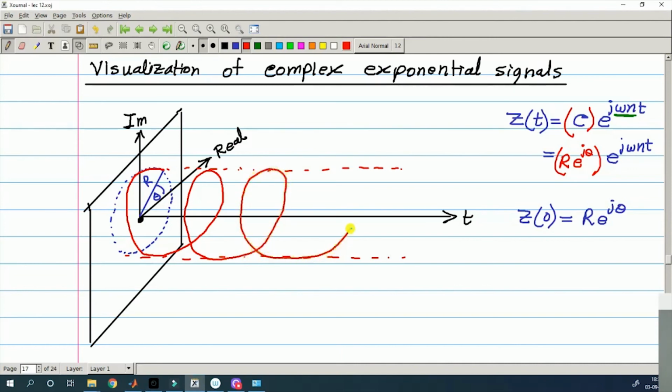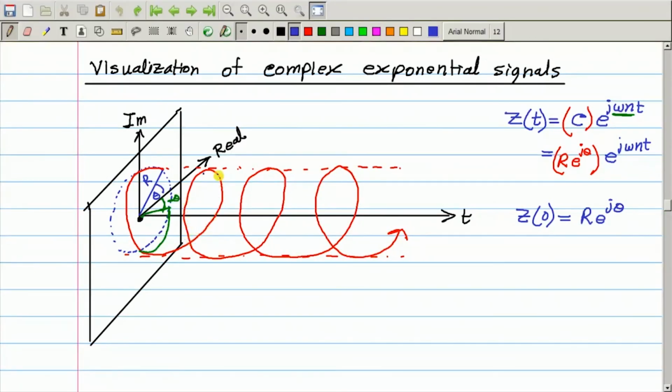Like a spring or a spiral, it will move like this. So this signal is periodic. It repeats or cycles again and again. This number omega n determines the speed of repetition.